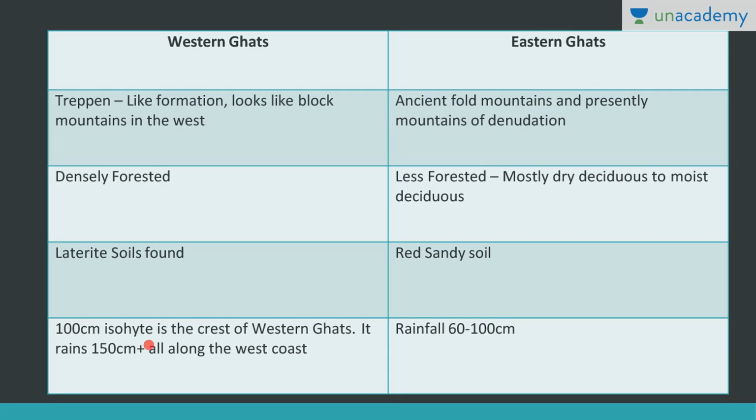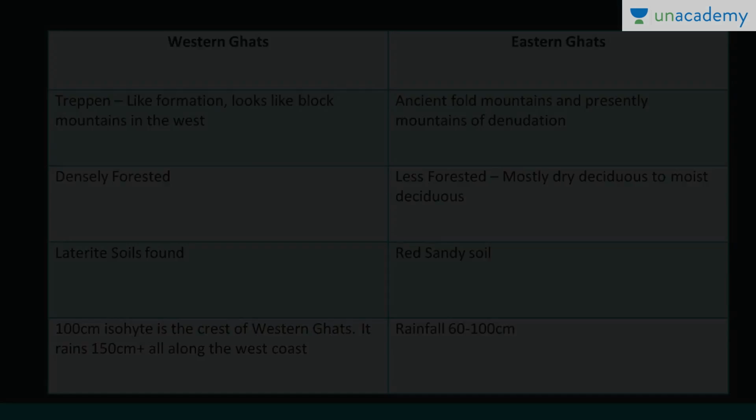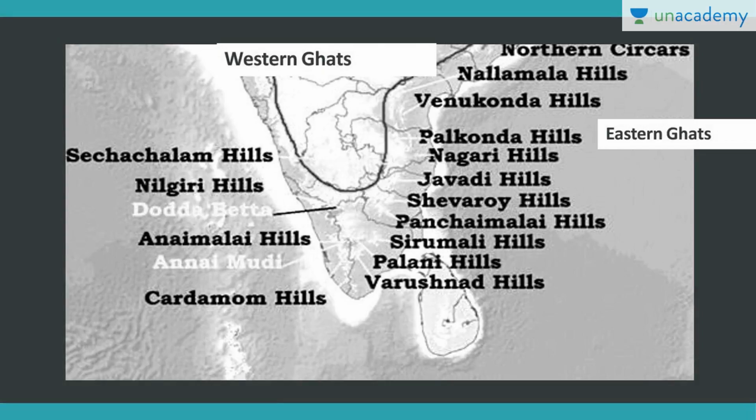So the 100 centimeter isohyet is as such the crest of Western Ghats, but in Eastern Ghats rainfall is generally less, in the range of 60 to 100 centimeters. That is why Western Ghats are densely forested and Eastern Ghats less forested, right? And due to high rainfall only laterite soils are found, because the minerals are leached away in laterite soils. Okay, so this is about Western Ghats and Eastern Ghats. Thank you.